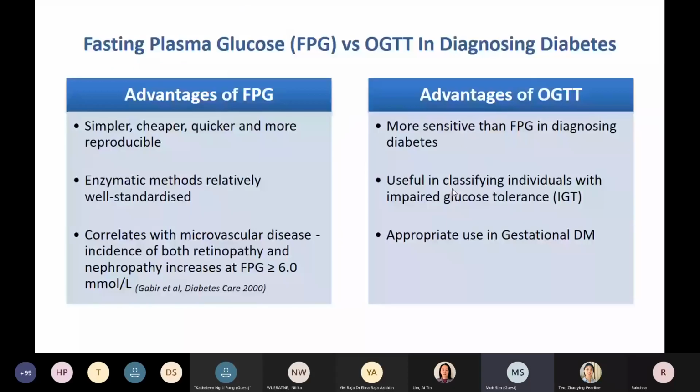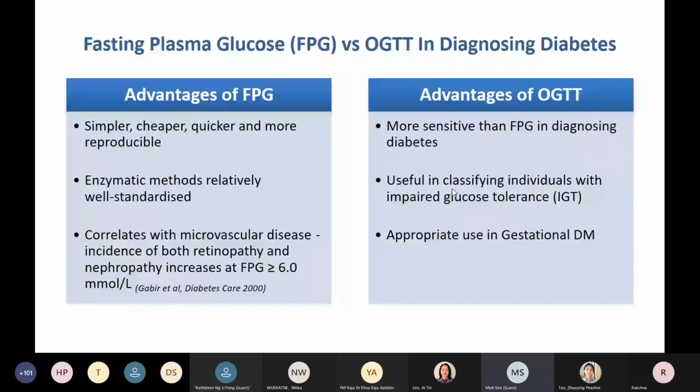There are advantages of using fasting plasma glucose in diagnosing diabetes. It is simpler, cheaper, quicker and more reproducible. Enzymatic methods are also relatively well standardized.